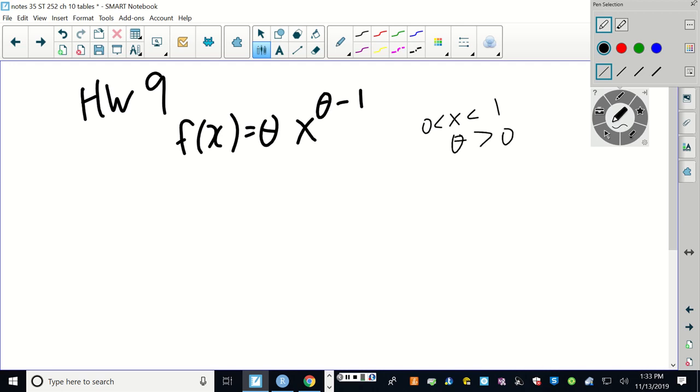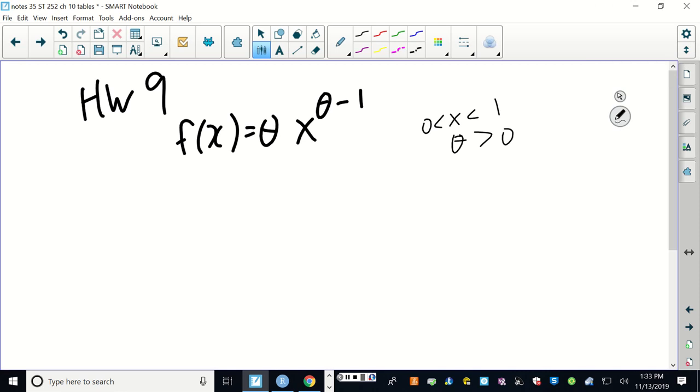This is actually a beta distribution. The null hypothesis is that theta is 1/2 versus that it's 1/4. And so the likelihood ratio is the ratio of this likelihood at these two points.